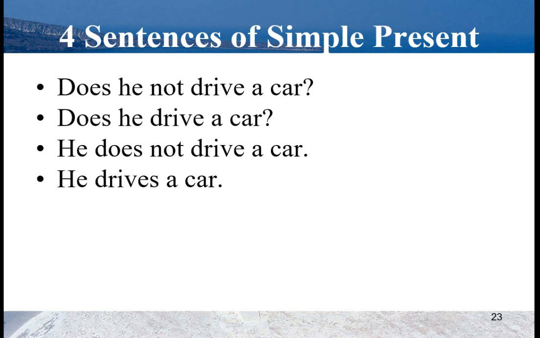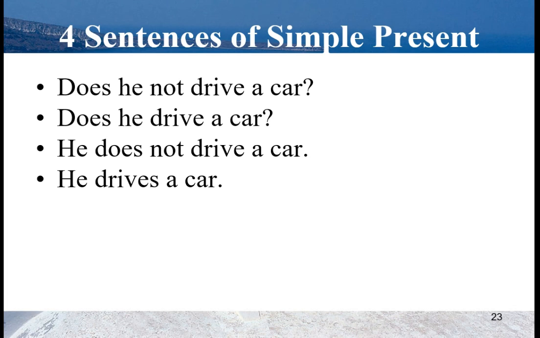He is driving a car, he is not driving a car, is he driving a car, is he not driving a car. He was driving a car, he was not driving a car, was he driving a car, was he not driving a car. He will be driving a car, he will not be driving a car, will he be driving a car, will he not be driving a car.